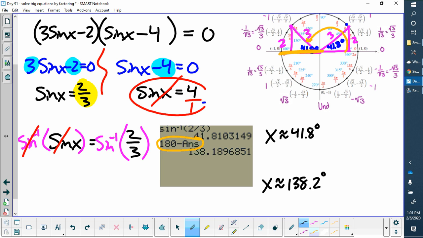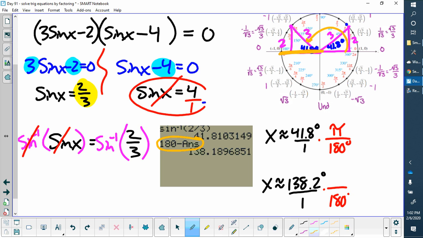Now, what if they want this in radians? Well, if they want it in radians, I've got to do a quick conversion. I'm going to turn this into a fraction and this into a fraction. I'm going to multiply by my conversion, which is 180 degrees over pi, and I'll do the same down here.